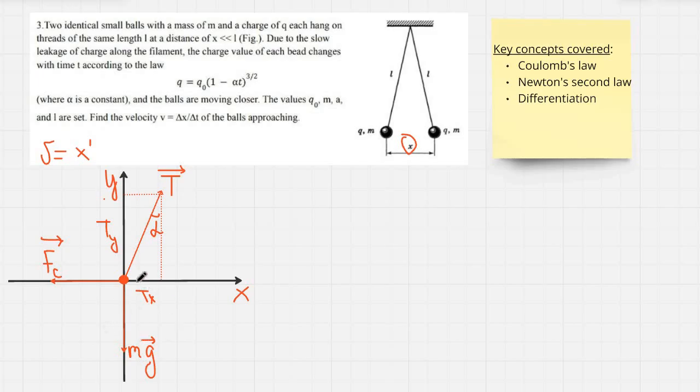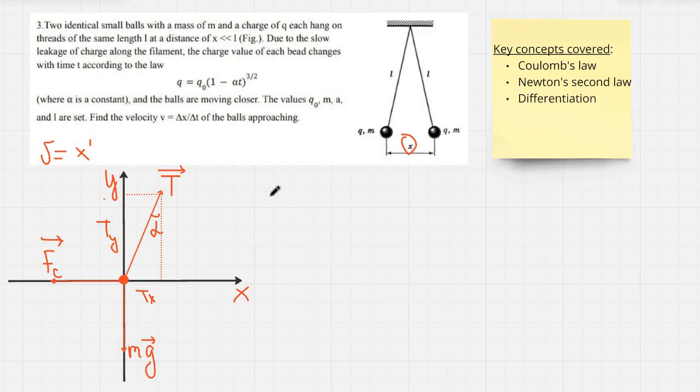First, gravity acting downward, mg; second, tension along the string; and third, the electrostatic force acting horizontally. That's why we need projections, and we take the tension projections Ty and Tx.